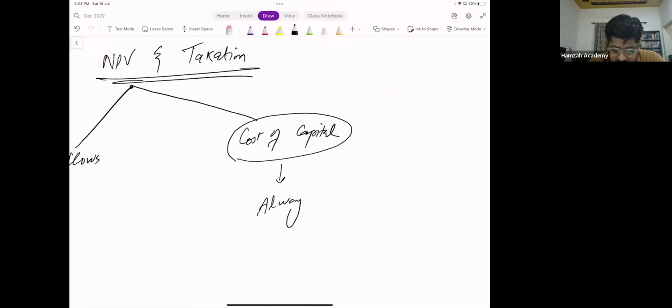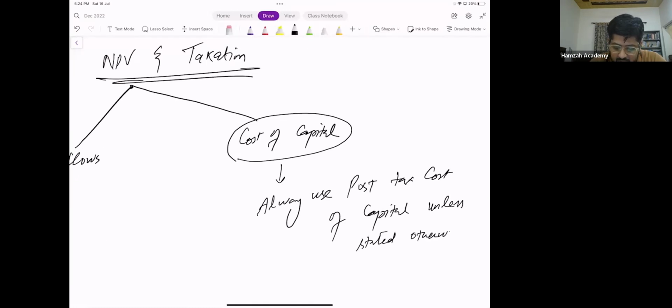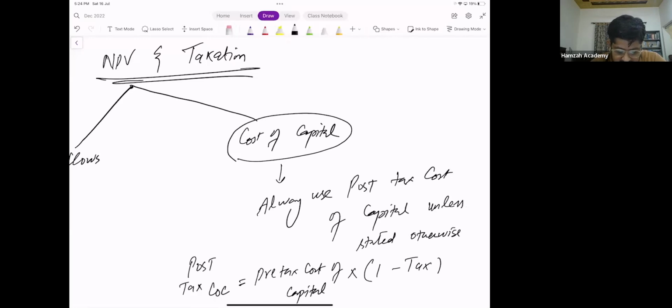Cost of capital: always use post-tax cost of capital unless stated otherwise. Pre-tax cost of capital, if it is given, into 1 minus tax rate, that is equal to post-tax cost of capital.